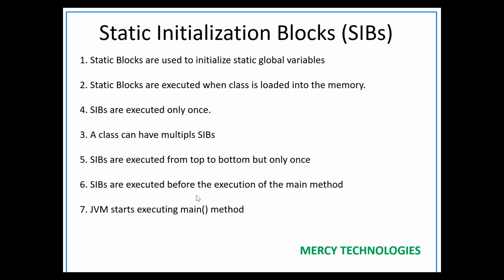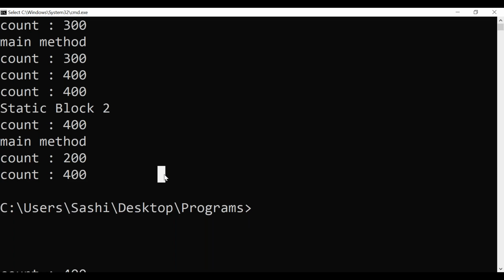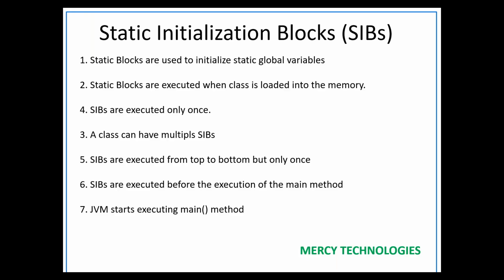Once all the static blocks are executed, the JVM calls the main method, then the main method starts executing. Suppose you have any doubts in the program, you can go through the recording again, pause it, understand the topic, then experiment with it. Okay, thank you guys.